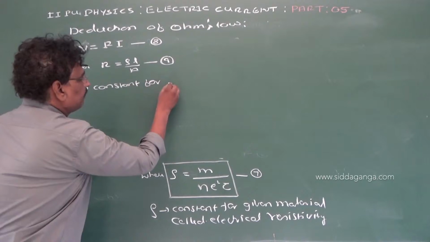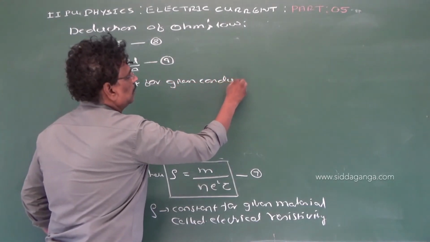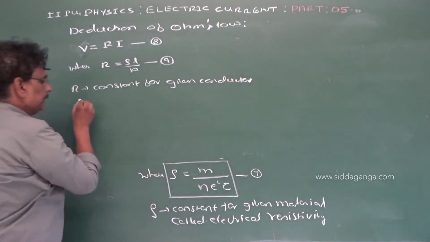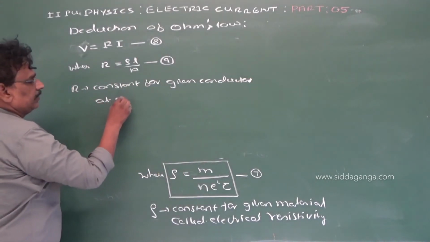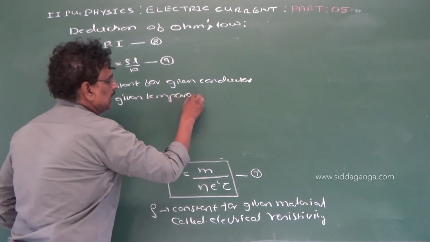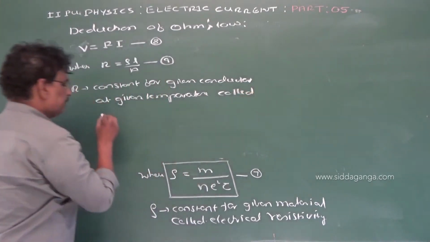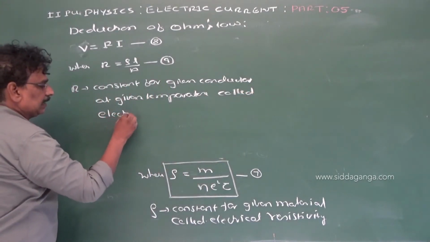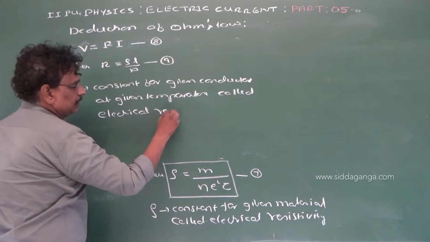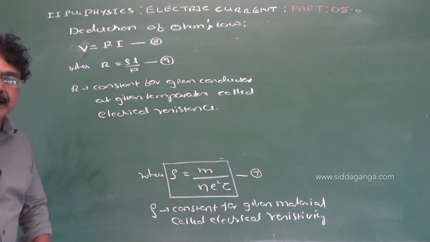constant for a given conductor at a given temperature, called electrical resistance of the conductor.